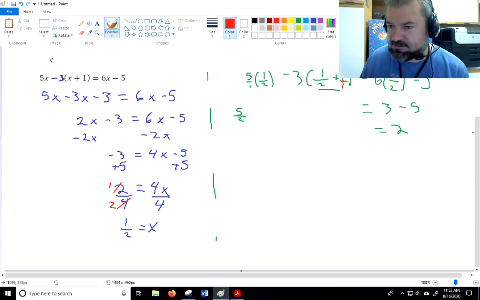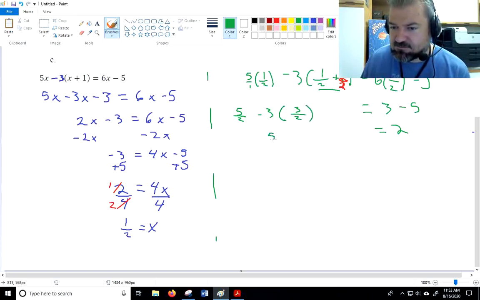If I multiply the top and bottom by 2, I get 2 over 2. So there's my common denominator. So this is minus 3 times 1/2 plus 2/2. Remember, 1 whole is 2 halves. So that becomes 3/2. Keep the denominator the same.